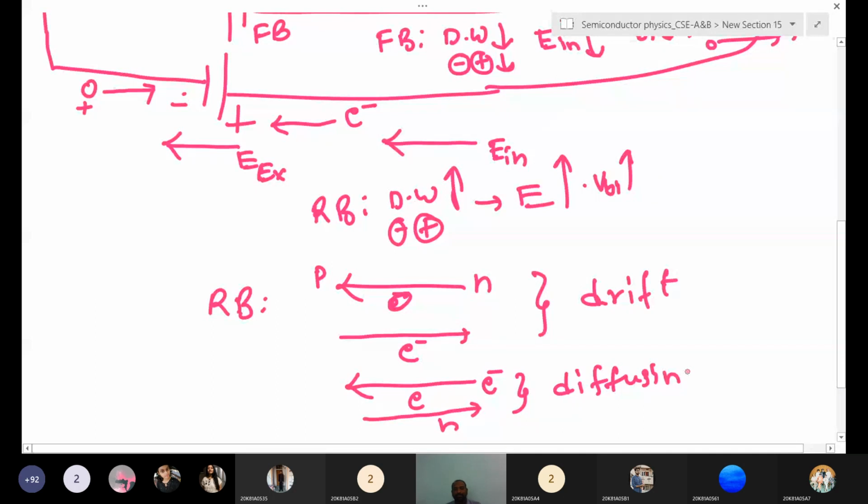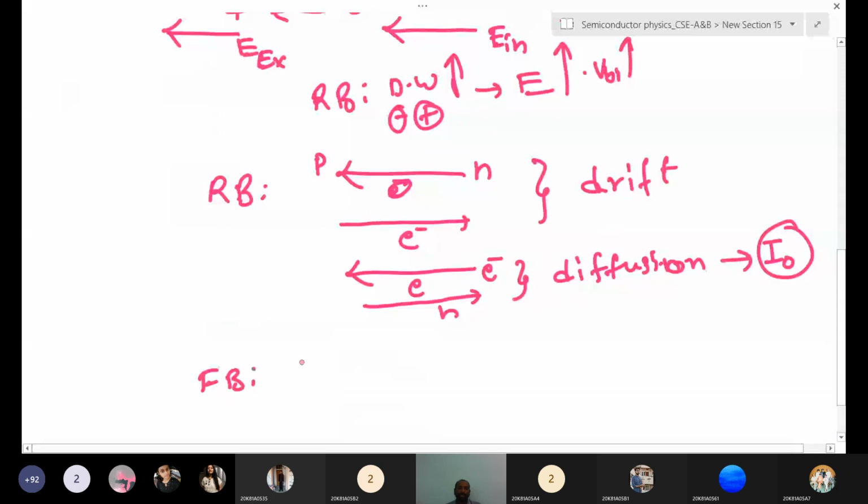Because of this diffusion, we have some leakage current, that is I0. In forward bias also the same thing happens: electrons and holes diffuse, holes from P to N and electrons from N to P. This diffusion is the dominant process.